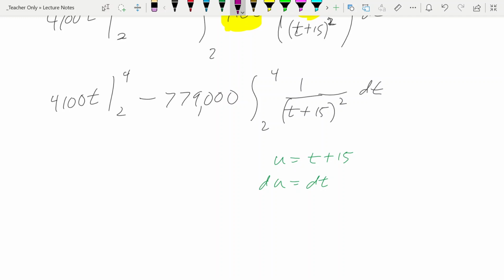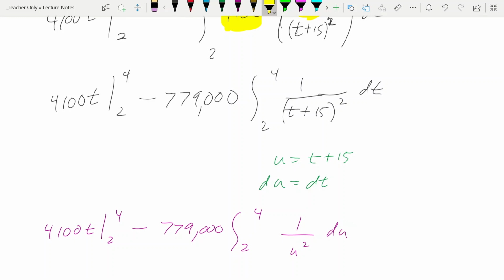We could have used a little bit of guess and check and just gotten through it, because what we're going to see here is 4100 t evaluated from 2 to 4 minus 779,000 integral from 2 to 4 of 1 over u squared du, because dt is the same thing as du, right?